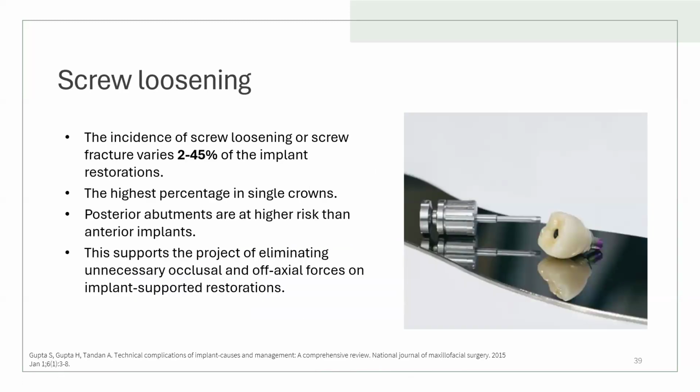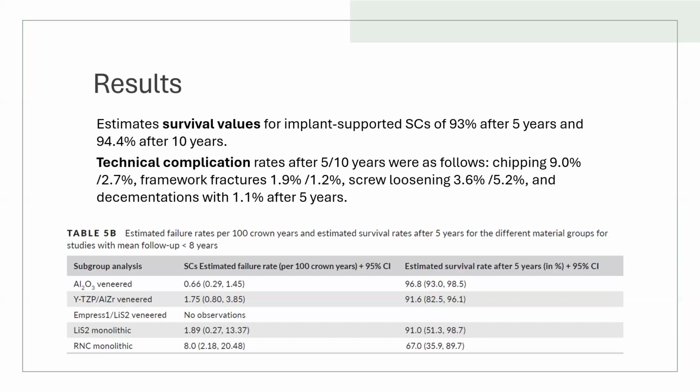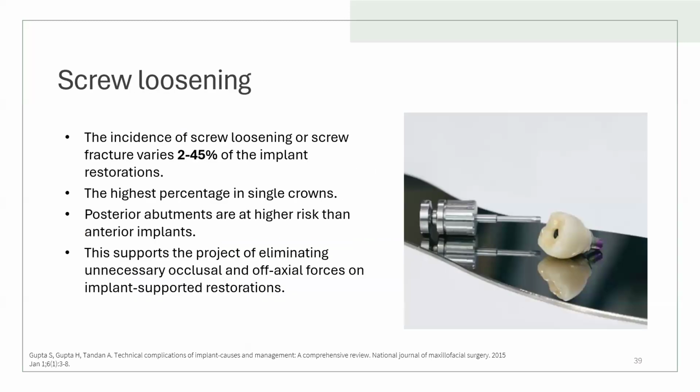Okay, now we'll talk about each complication and how to manage it. First is screw loosening. The most common complication was chipping, but we already talked about it. It's basically the same for the fixed restorations. For screw loosening, the incidence varies from 2 to 45% of implant restorations, and single crowns are more at risk for screw loosening than multi-unit bridges.